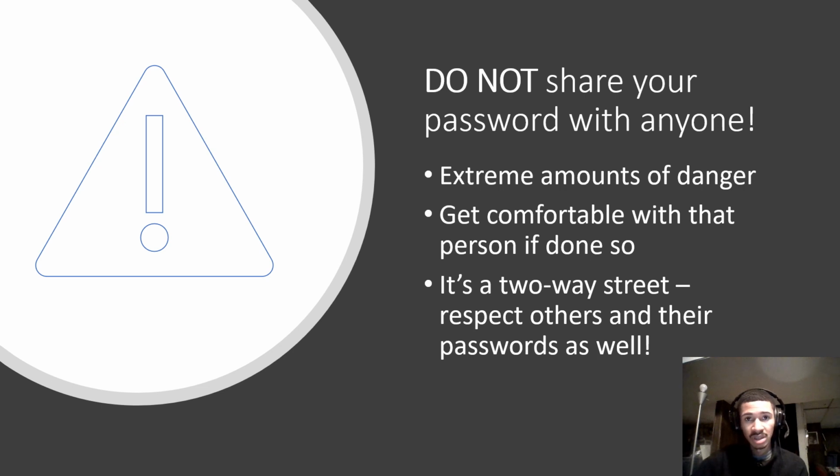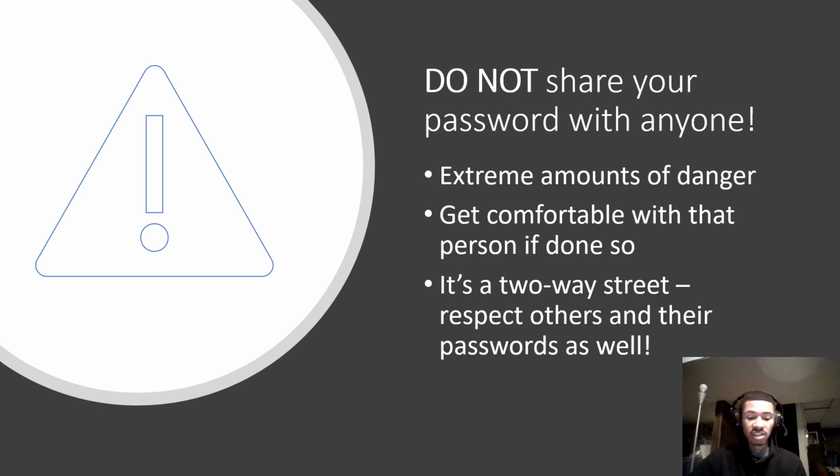So also with that, it is indeed a two-way street. Respect others and their passwords as well. Since trust goes both ways, you may get some information that you necessarily didn't ask for. Somebody may have told you their password, or you may have told someone you trust your password, and they may trust you.